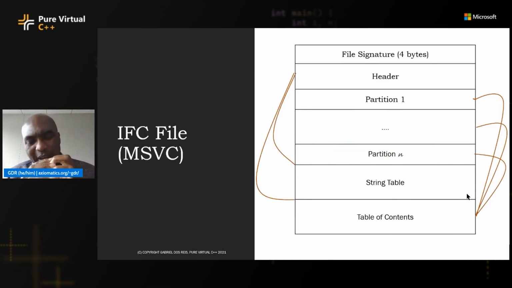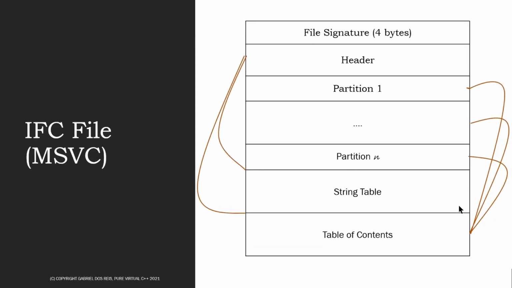So what does an IFC file look like? It's quite simple. It starts with 4 bytes, and then it has a header. The header describes the name of the module it is for, whether it is a header unit, the architecture, and a bunch of other compiler flags and so forth. And then it gives you some kind of forward reference to partitions.